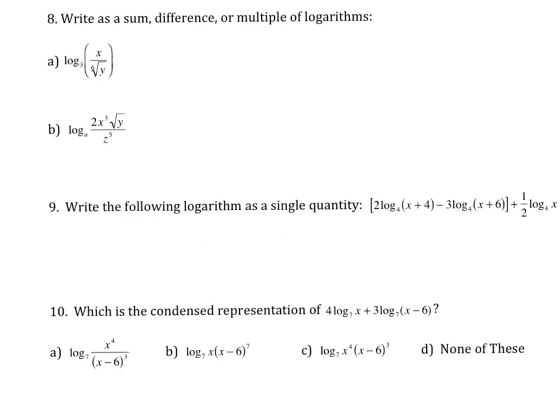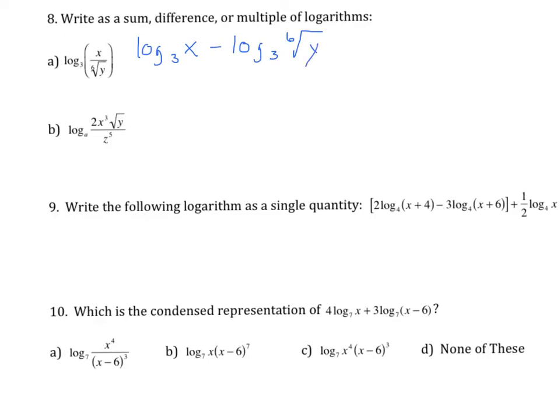For number 8, we have log base 3 of x over the 6th root of y, and we want to expand that so it's a sum or difference of multiple logarithms. So first we want to expand using subtraction, since we have 2 terms that are being divided by each other. So that would be log base 3 of x minus log base 3 of the 6th root of y.